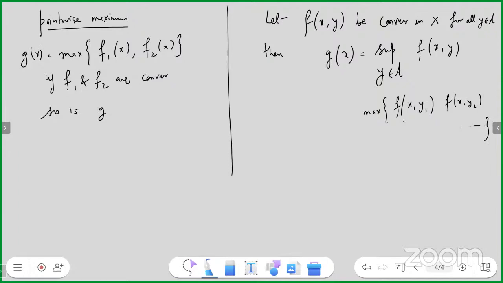What kind of set is this? It's not very different from that. It's not exactly that. That's all. So whatever you try to say there possibly is also true here.